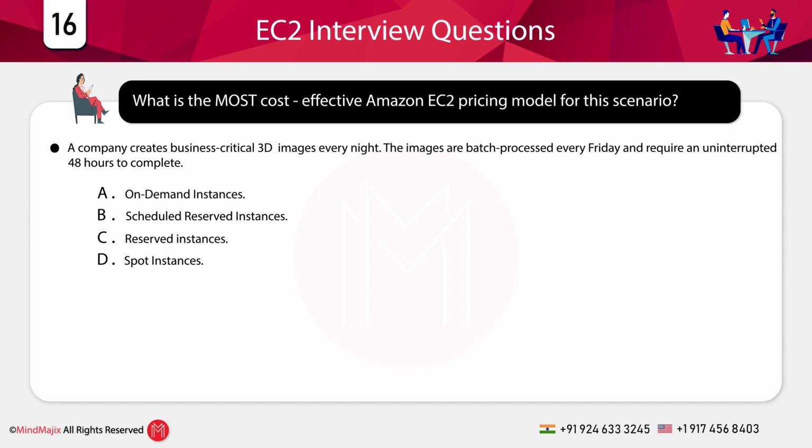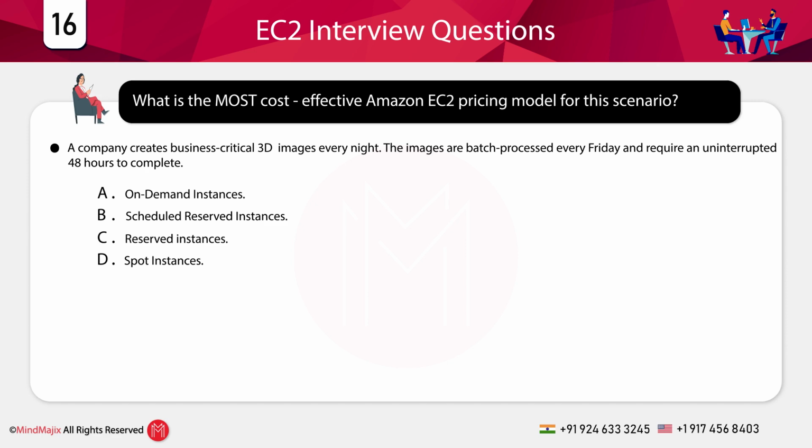Reserved instances. Yes, with reserved instances I'll get a discount over the on-demand instances. But there again, we'll be using it for 48 hours only. Then why do we have to pay for 24/7? So that's why we'll be using scheduled reserved instances, which were introduced later on after reserved instances. Now, what are scheduled reserved instances? Say I need it for 9 to 5 daily.